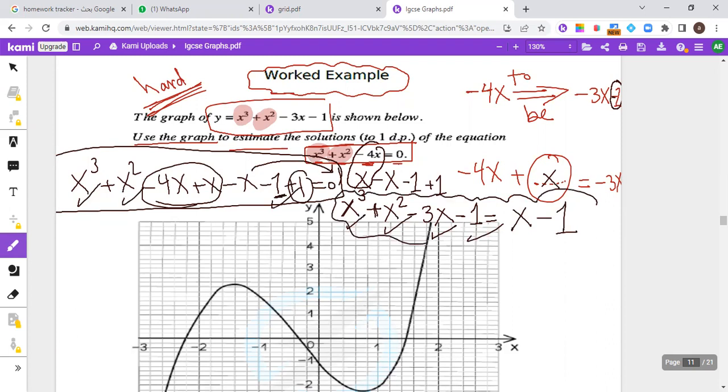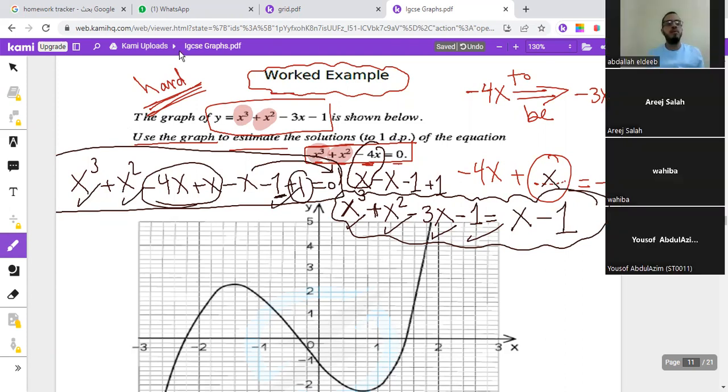Okay, guys? Sir, I didn't understand. Yes, I know it's hard, but don't worry. When we solve the classified, we're going to make a lot of examples.